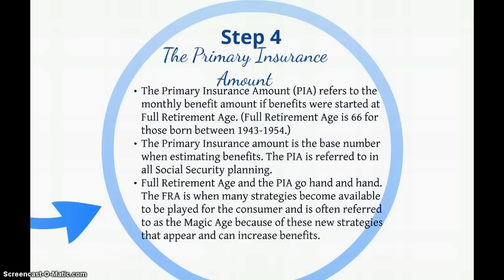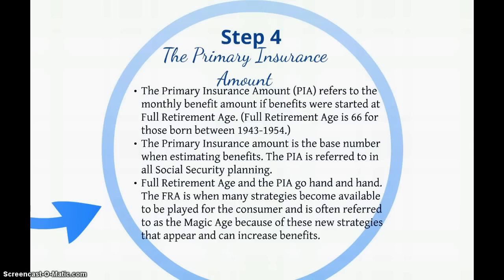And often you'll hear full retirement age being referred to as the magic age. The reason for that is that a lot of new filing strategies become available at full retirement age. Specifically switch techniques, and we'll talk more about exactly what that means later, but it does open up some windows at full retirement age.